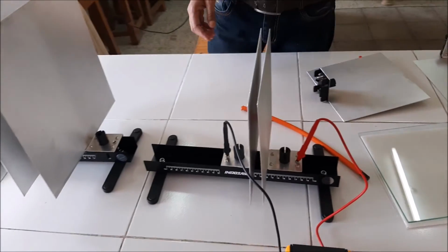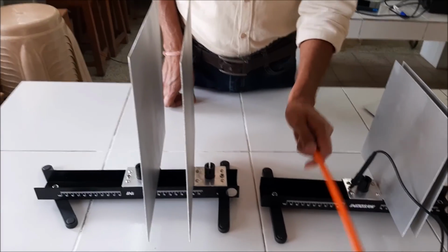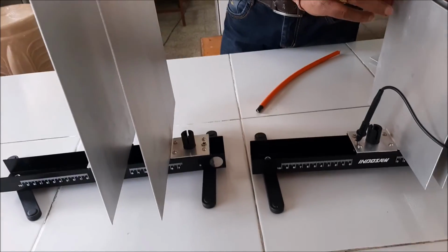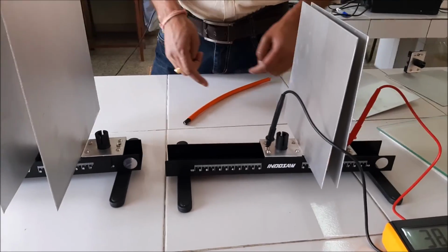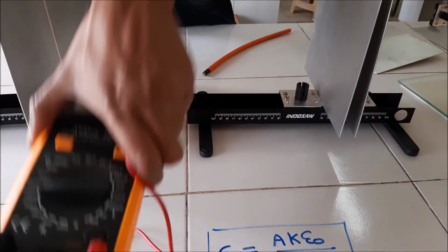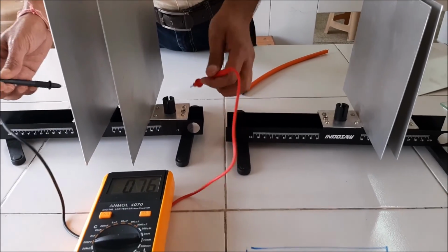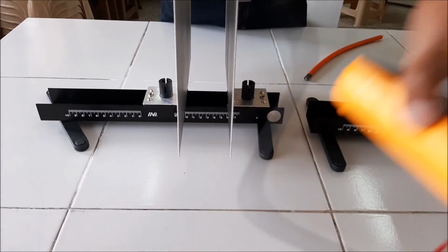Now we observe the effect of cross-sectional area. In this capacitor, the cross-sectional area is smaller compared to this plate. Again we put here, for larger cross-sectional area, the capacity should increase.